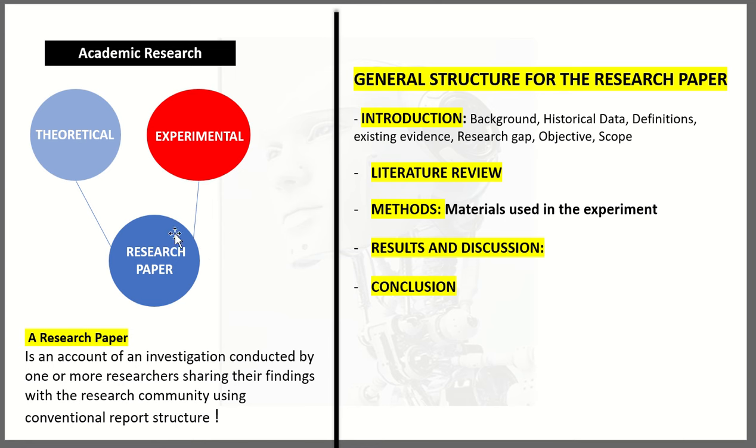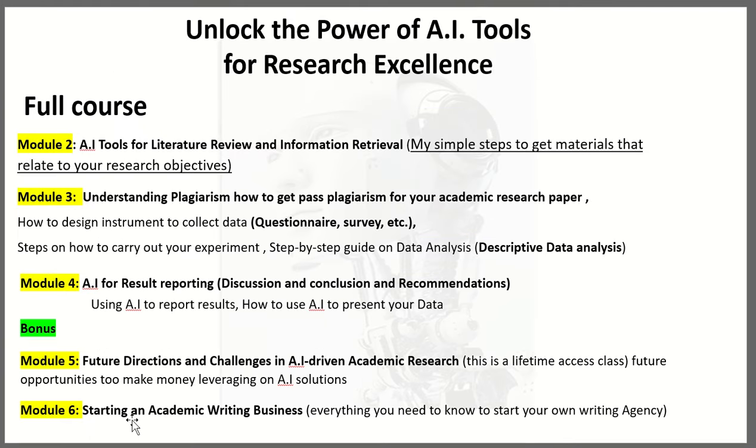And with AI, you can easily write this research paper and ensure that it's correct. If you want to start a business writing research papers and other related academic reports, qualitative reports, whatever has to do with writing it the right way, I'm going to tell you how to do this.